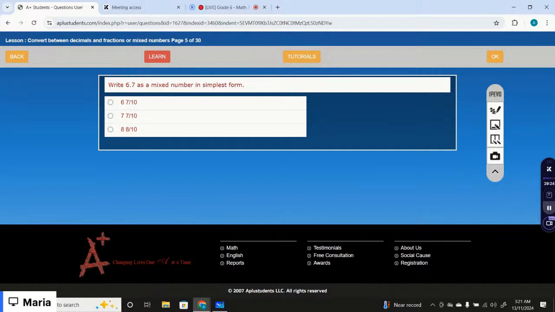That is 6 whole 7 over 10. Very good. Option number 1 is the correct option.